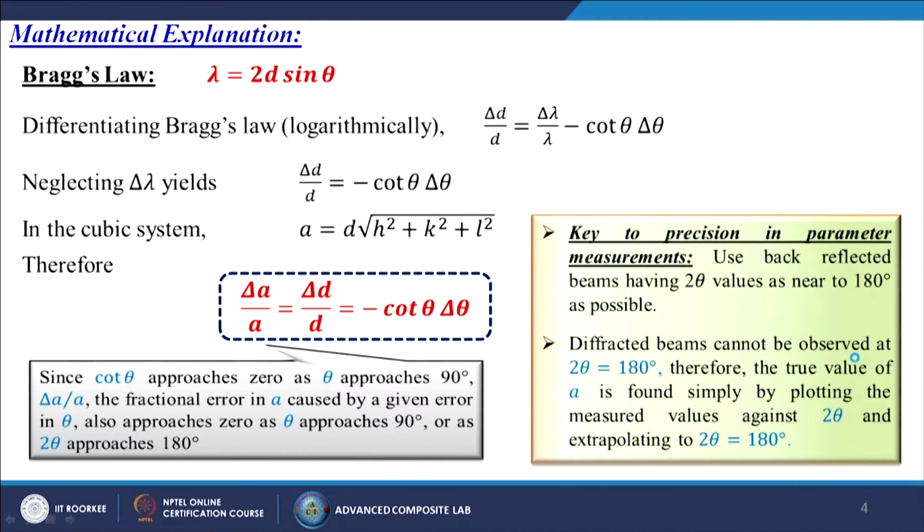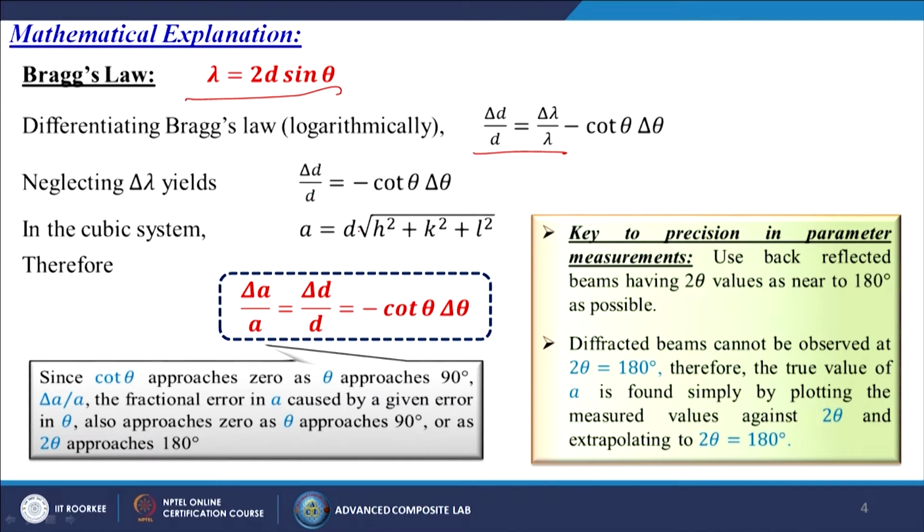We can also prove it mathematically. From Bragg's law, lambda equals 2d sin theta, differentiating logarithmically, del d by d equals del lambda by lambda minus cot theta del theta. Neglecting del lambda, del d by d equals minus cot theta del theta.